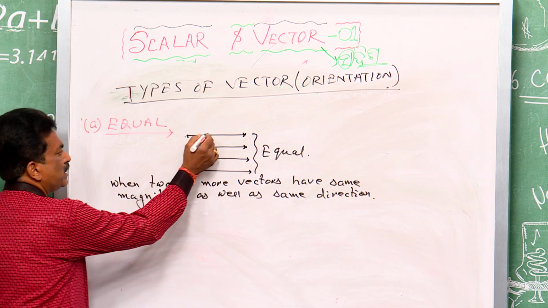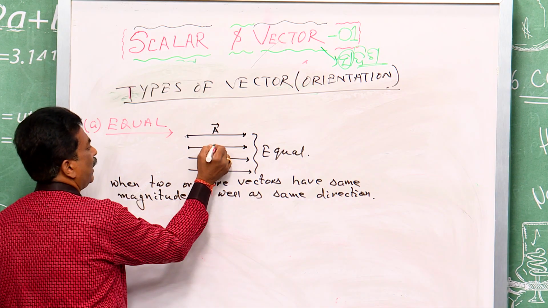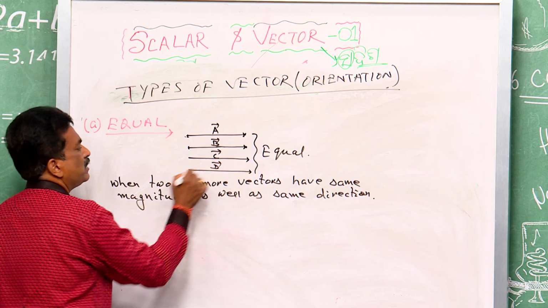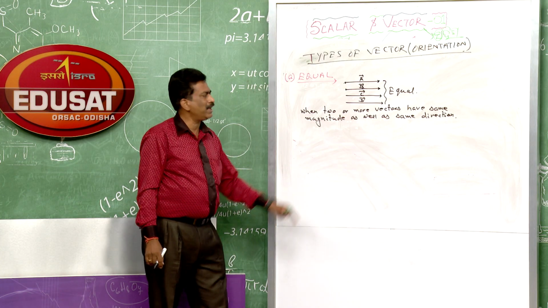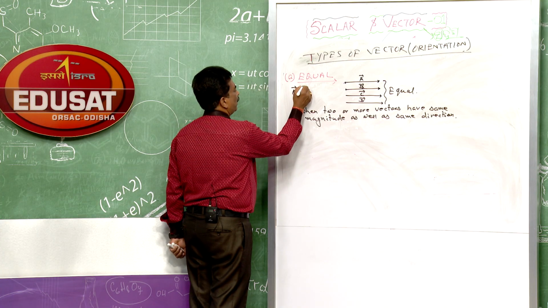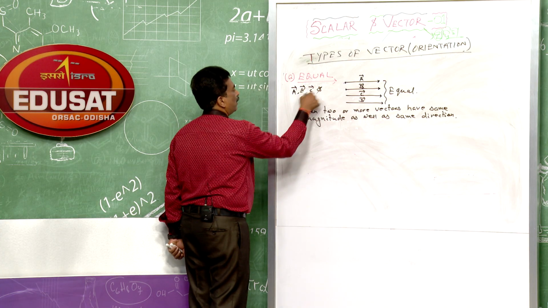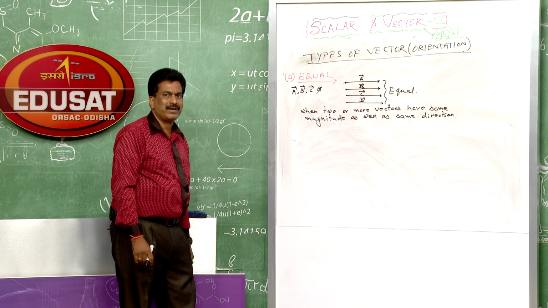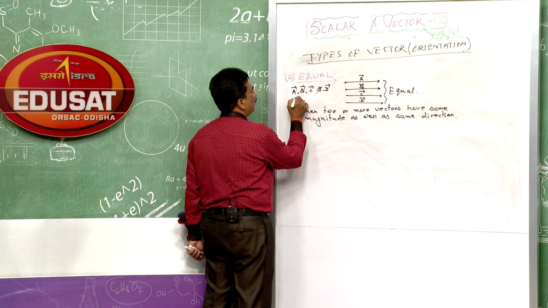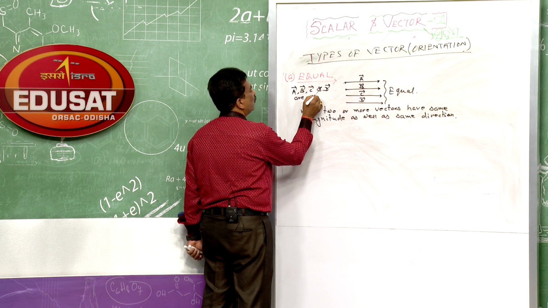You see, if this vector is named A, this is the B vector, this is the C vector, this is the D vector, then what will you say? A vector, B vector, C vector, and D vector are equal.